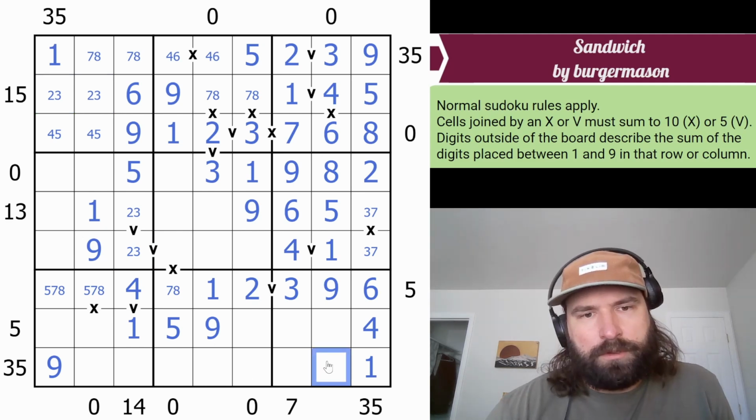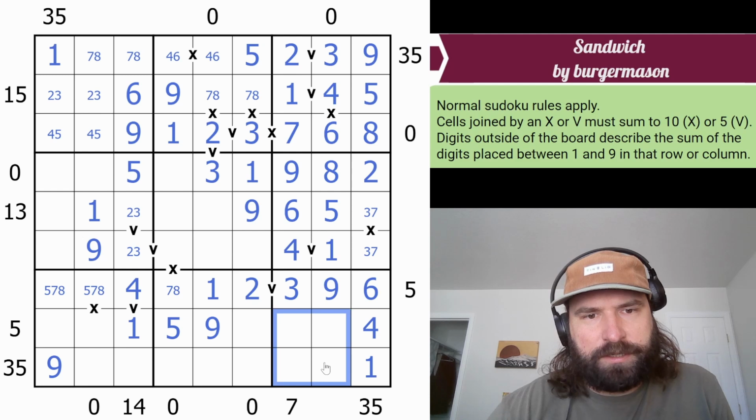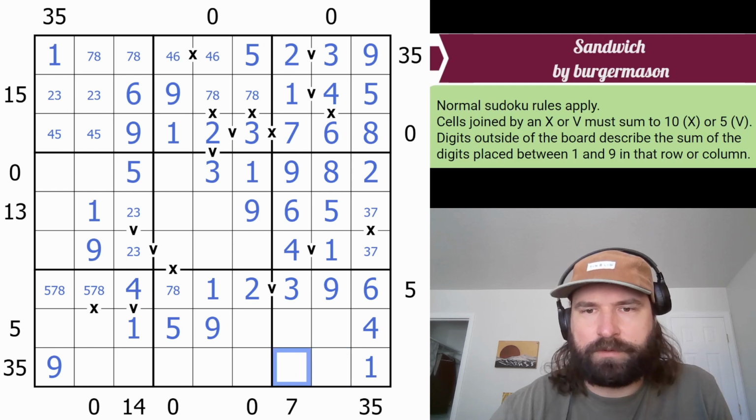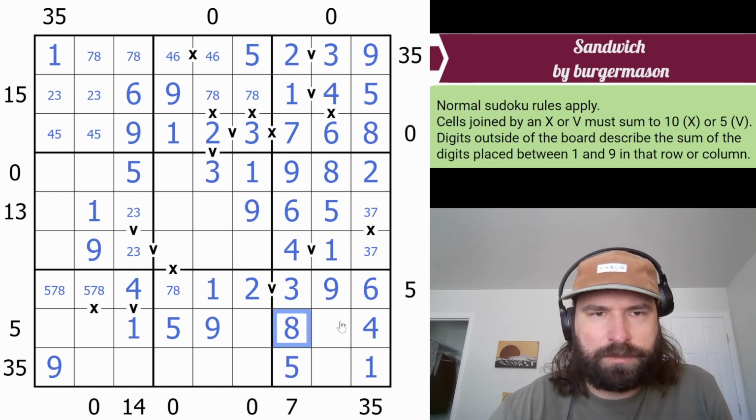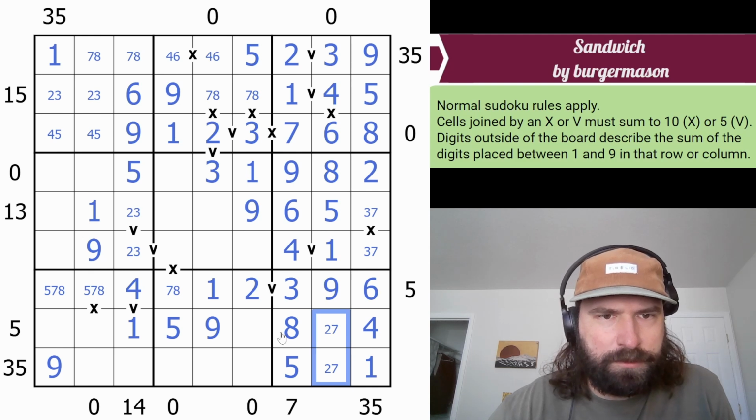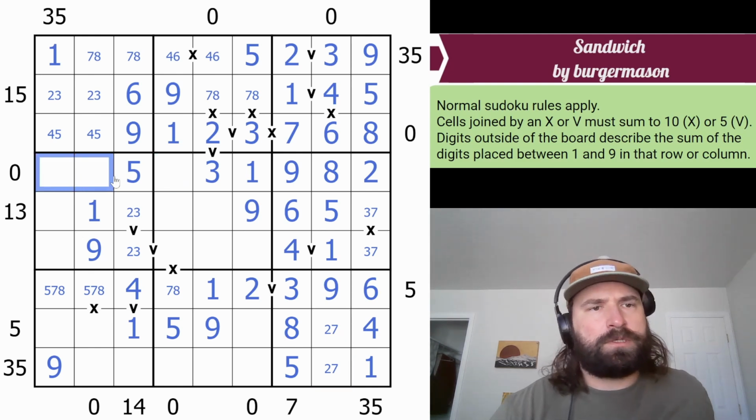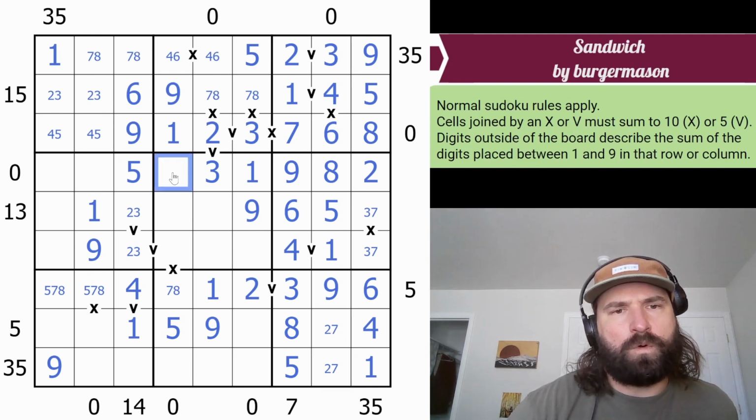Okay. All right. In this box, we need 2, 5, 7, 8. 5 has to go in one of these. 5 goes there. 8. Now these are 2 and 7. I don't think I can do it yet. Okay. What are these three numbers? 4, 6, 7.